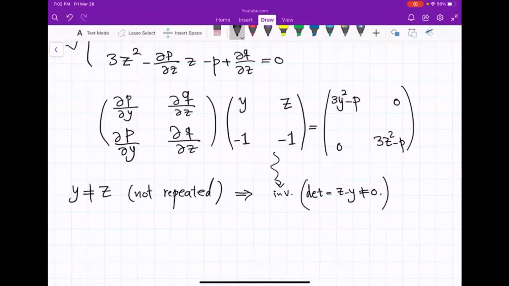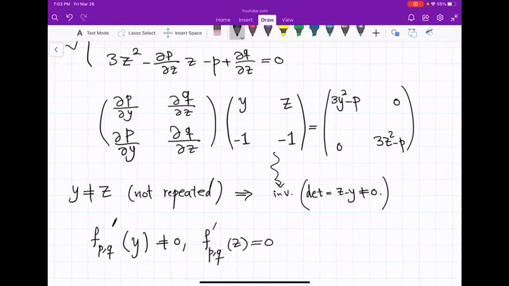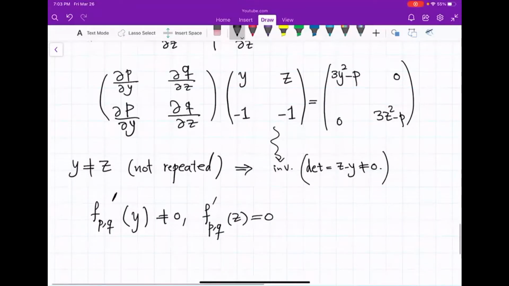On the other hand, if something is not a repeated root, then that means it's not a root of the derivative of the function. So if y is not a repeated root of f pq, that means f prime pq of y is not 0. And similarly, f prime pq of z is not 0. That is not a repeated root either.